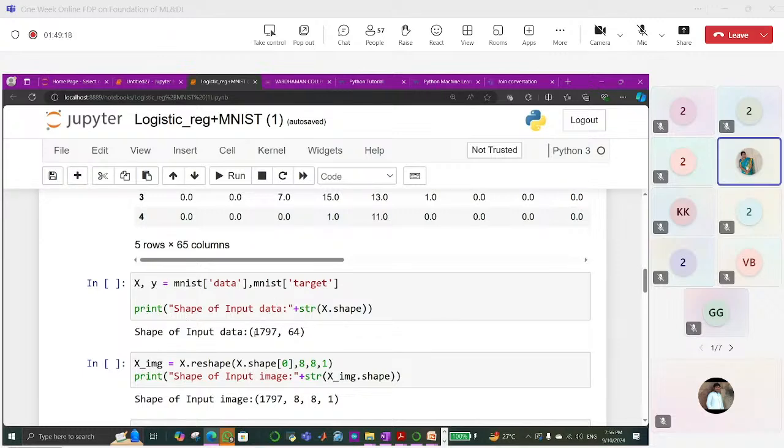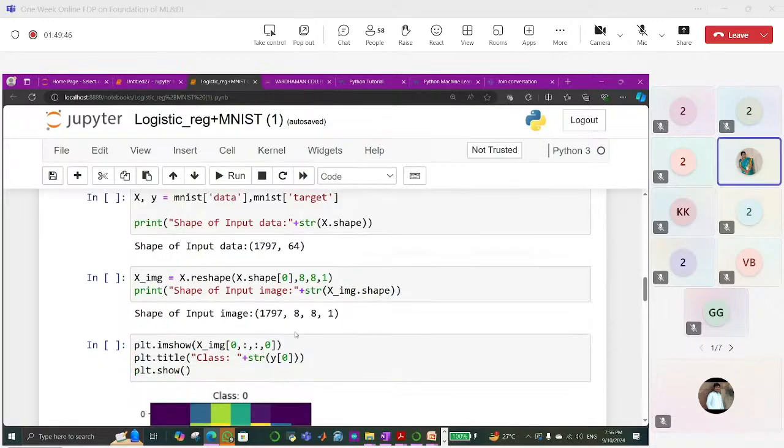Input data is 1797, 64. Similarly, shape of the input image is 1797, 8, 8, 1. So 1797 is the number of samples, 8 by 8 is the size of the matrix, and 1 is the number of channels we are using, reshaped. So that is the shape of the input image.